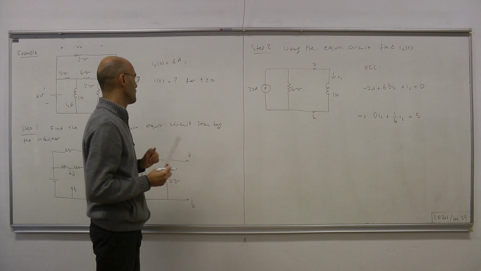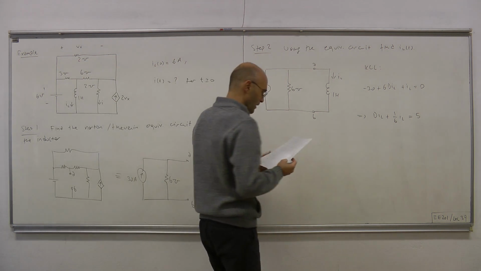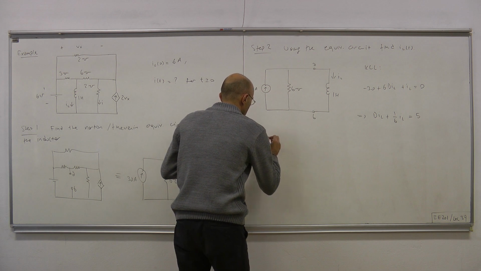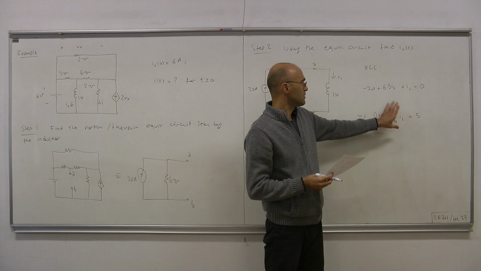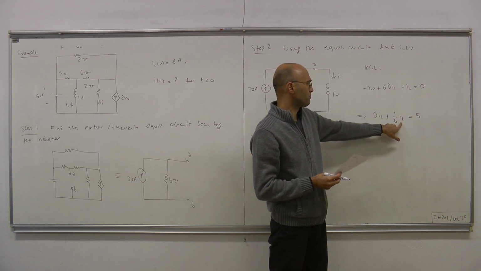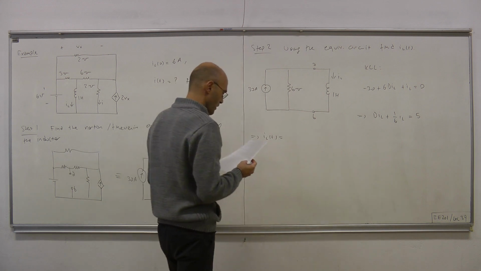Our differential equation is here, our initial condition is here, and we know the answer. So IL(t) equals: the particular solution is constant, the derivative goes away, and therefore constant over 6 equals 5, so the particular solution is 30.